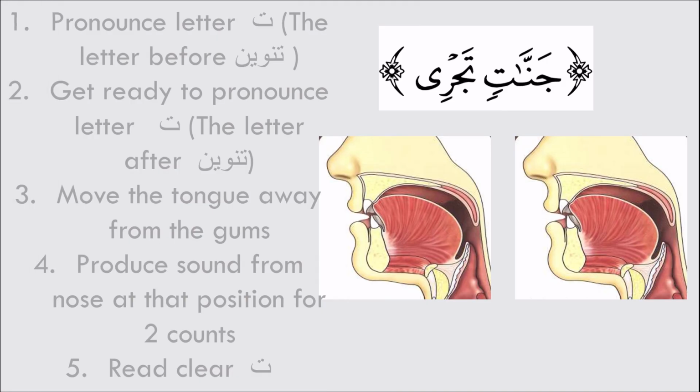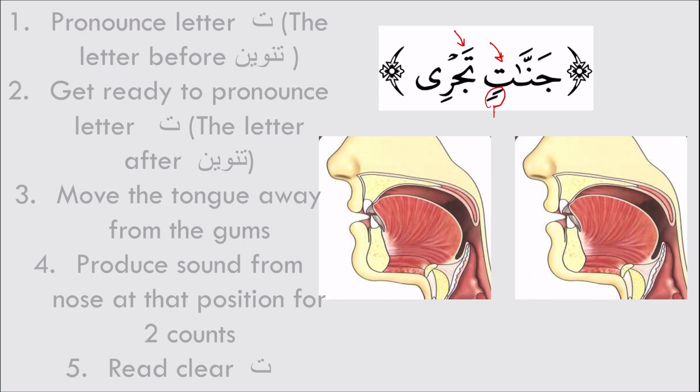Next possibility, Ikhfaa can happen between Tanween and the letter of Ikhfaa following it. So Tanween followed by letter Ta, we mentioned that we have three important elements: the Ta letter itself, then Tanween, then another Ta. So here, in that example, we have Ta, Noon, Ta. But we are not going to read it as Ta, Noon, Ta.